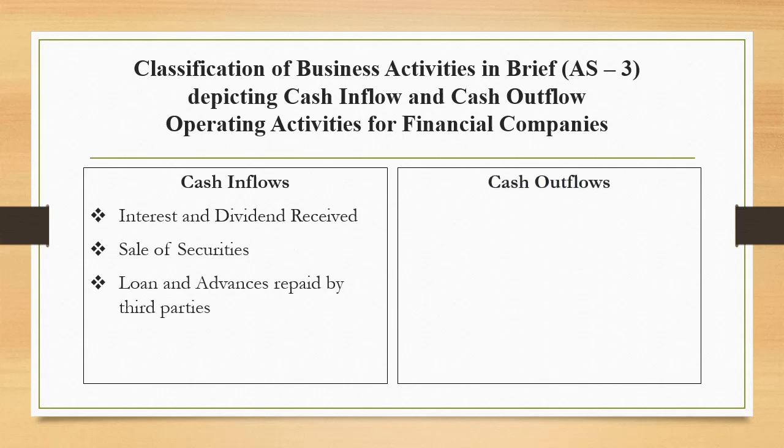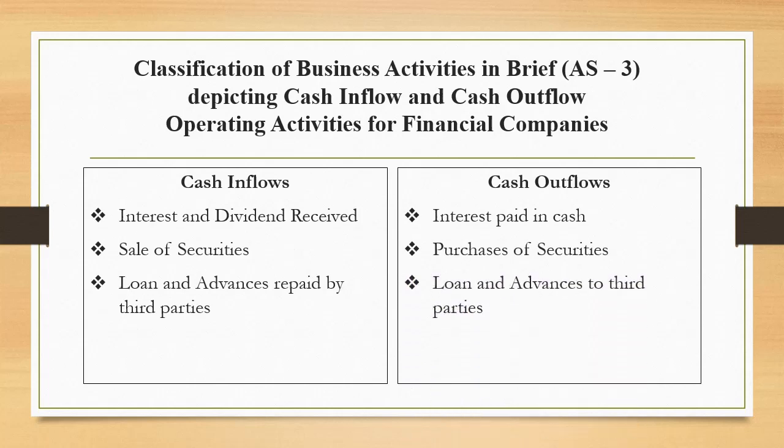For cash outflows, interest paid in cash, purchases of securities, loans and advances to third parties. These are all the inflows and outflows for financial companies. These are to be taken care of from the viewpoint of 1 mark questions in the board exam also.